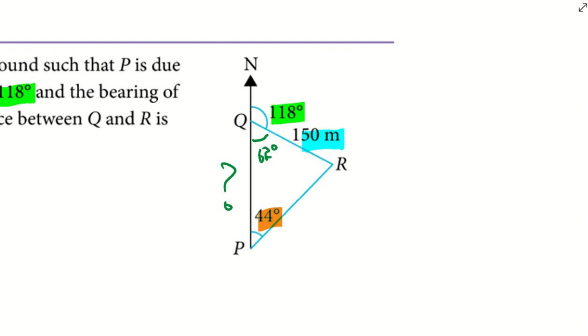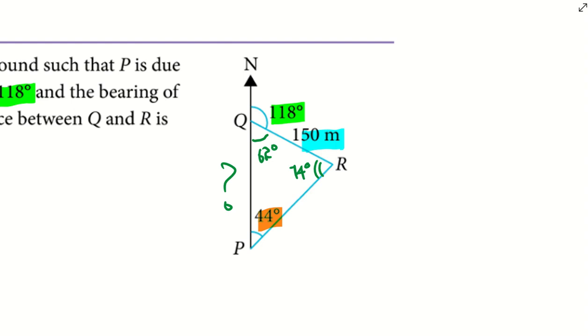Based on angles on a straight line, I can find angle PQR to be 180 minus 118 to get 62 degrees. Likewise, based on sum of angles in a triangle, I can find that angle QRP is 74 degrees. So now, every piece of information about the triangle is given.